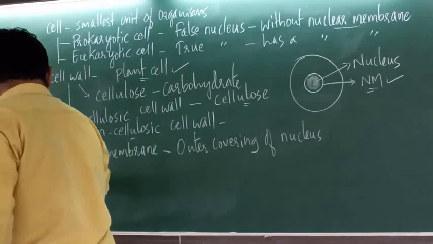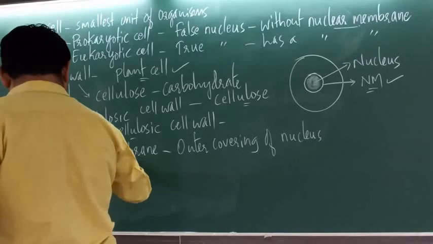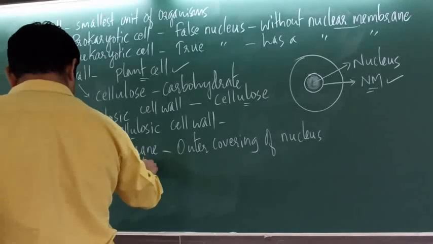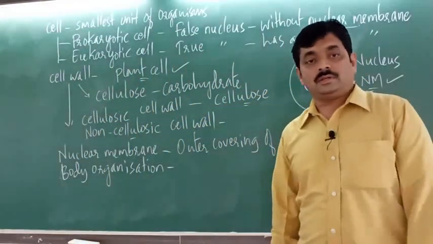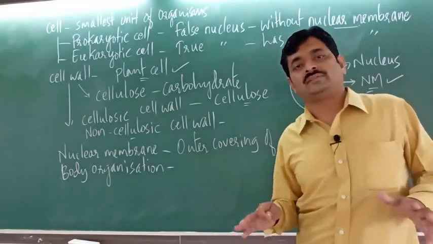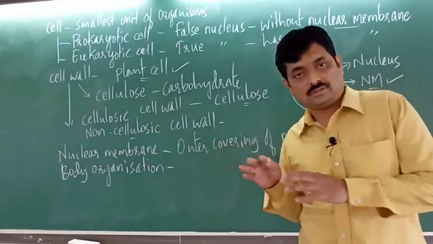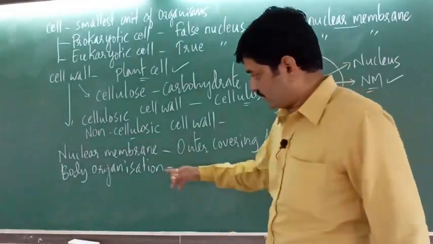The next we shall consider body organization. So here body organization means the composition of the body, right? The body of organisms is made up of cells, one or many cells. That is called body organization.